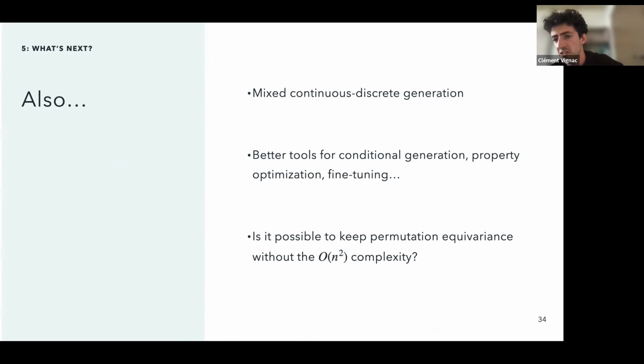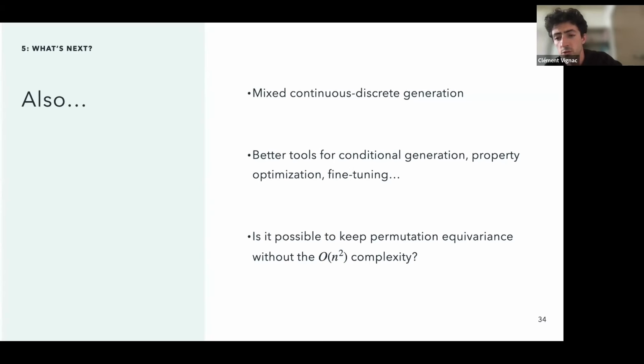But it's just an implementation problem. It's not really difficult, just some work. So there are probably many settings where we want both continuous and discrete generation. As you've seen, there is room for improvement on conditional generation. On molecules, people probably want to do property optimization, for example, for hit to lead optimization, as Dominique was saying.